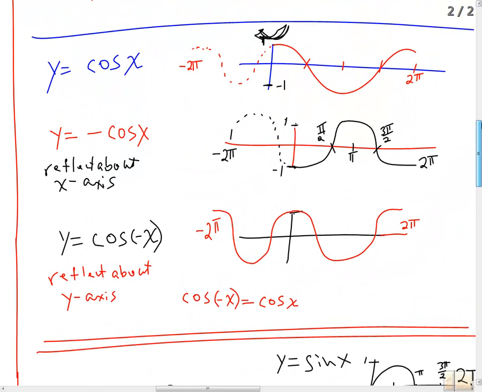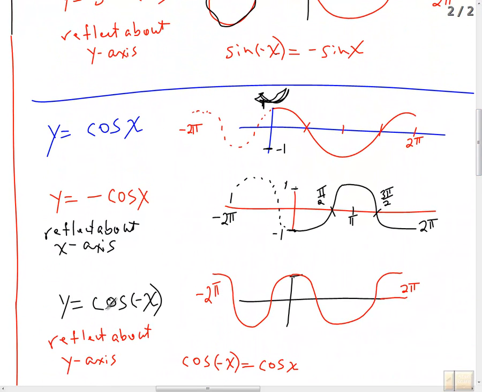And now, when we have y equals cosine of a negative x, we're going to start off here at 1, but instead of going to the right, it's reflected about the y-axis, so it's going to go to the left in the negative direction, and then down and around, and it'll end up at negative 2 pi.